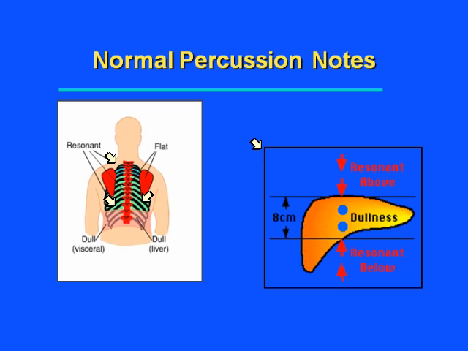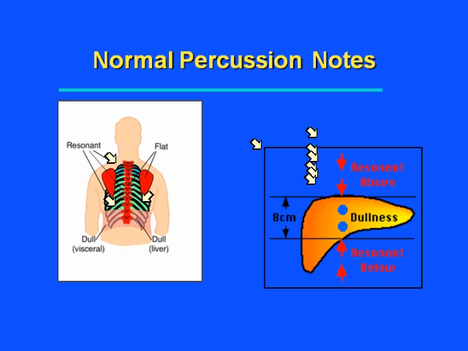So here, you'd be starting up at the top of the front of the chest, and as you percuss down, you should be over the lung. Here we'd be over the right lung, and you should be hearing the resonant lung if it's normal.